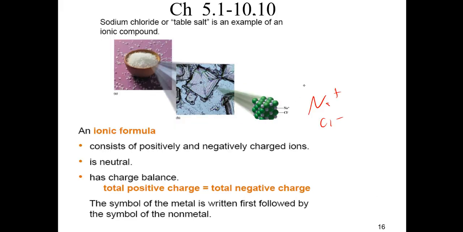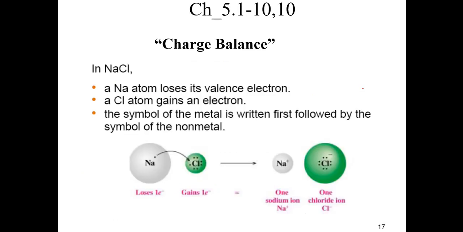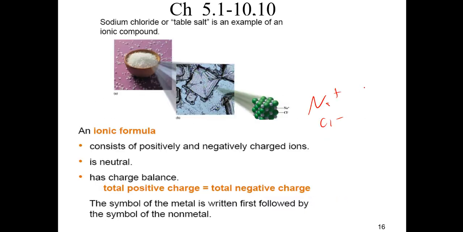Therefore, we have a sodium positive, which is a 1 positive, and a chloride, which is a 1 negative charge, and it overall equals 0. And nature loves that, as I just mentioned.